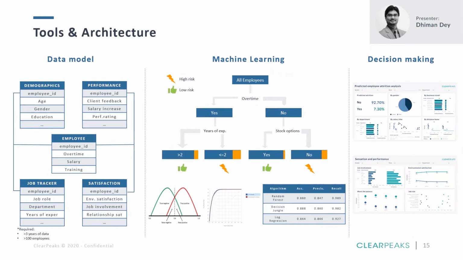One is the demographics, where you have the age, gender, education, and metrics like those. Then comes the performance, the feedback from your manager, from your clients, the salary increase that you had, the performance rating that you had over the past years, and so on. Employees, basically the profile with job. Are you working in an overtime structure?